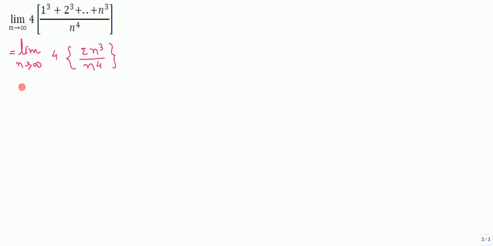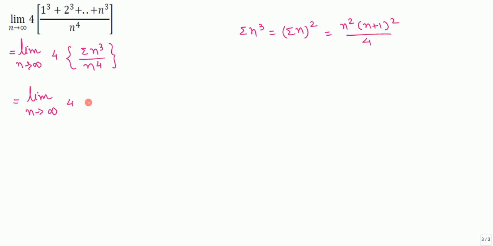Okay, so keeping 4 constant, we keep it as it is. Limit n tends to infinity 4 as it is. What is the formula of sigma n cube? Sigma n cube is equal to sigma n whole square, that means n square n plus 1 whole square divided by 4 is the formula. So 4 as it is and putting the formula: n square n plus 1 whole square divided by 4 into n raised to 4.